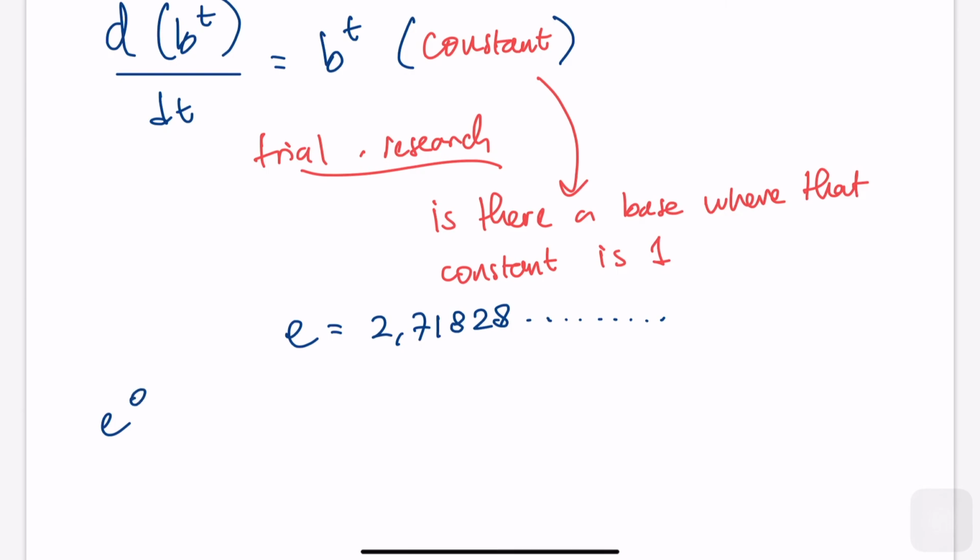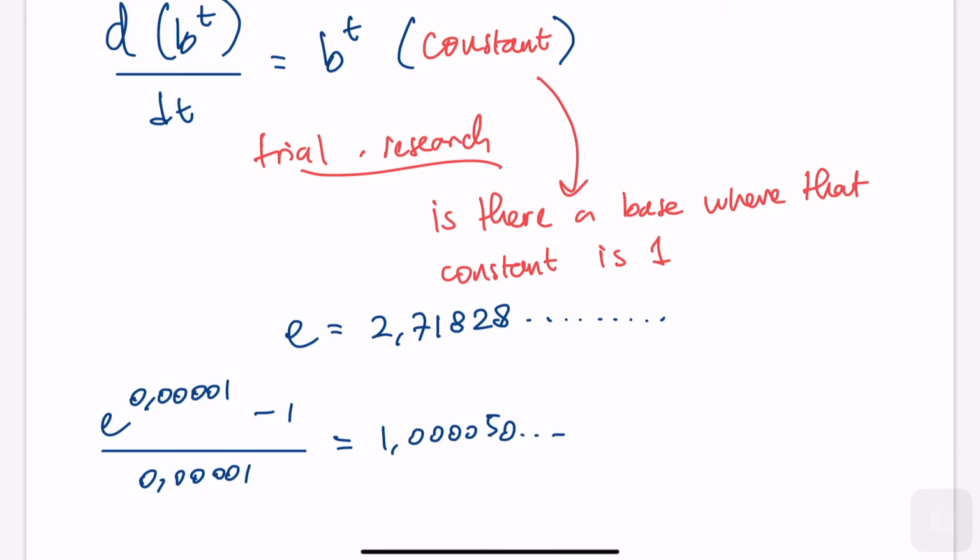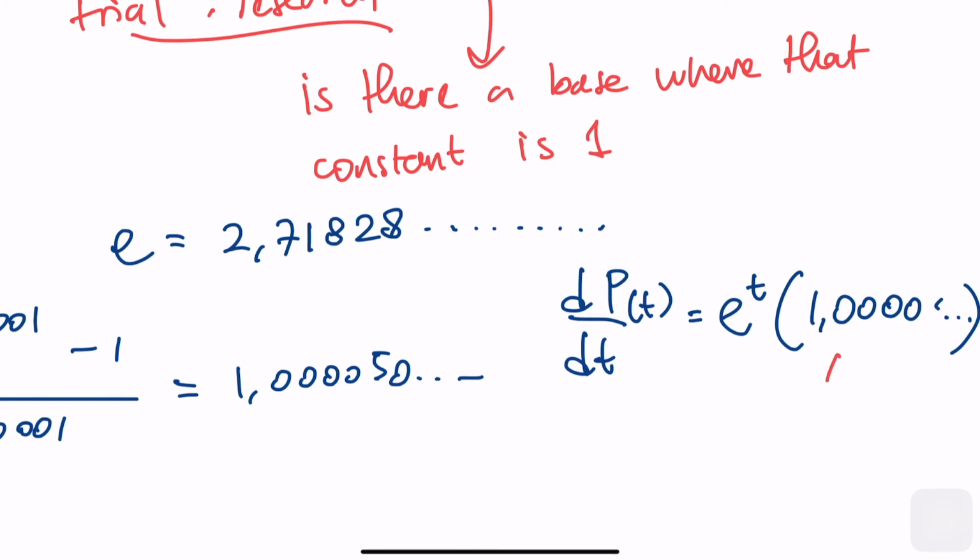So when you have E, you try some evaluation on some number that is close to 0, very, very small. We'll get that this is actually getting closer to 1, around that number. So in the limit as dt goes to 0, this will equal 1.